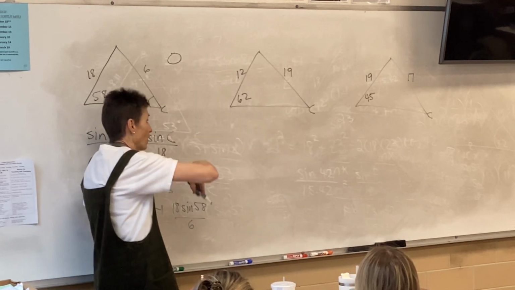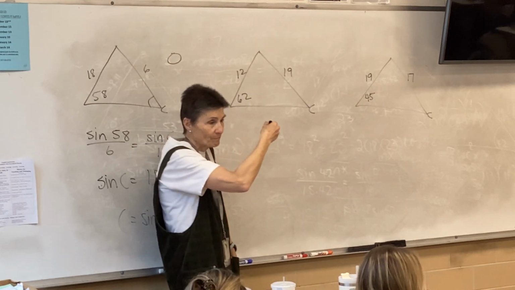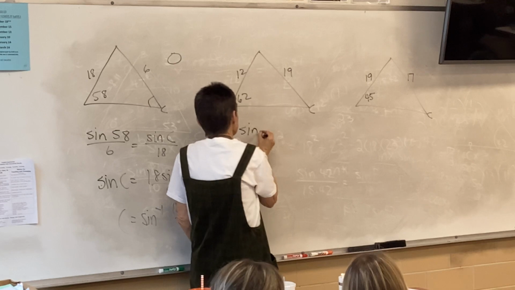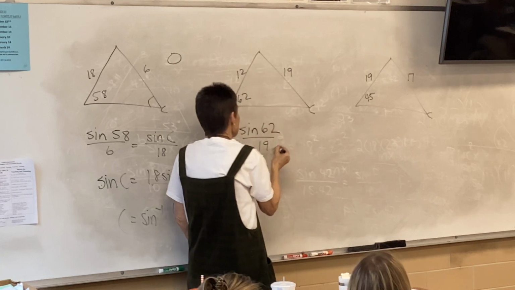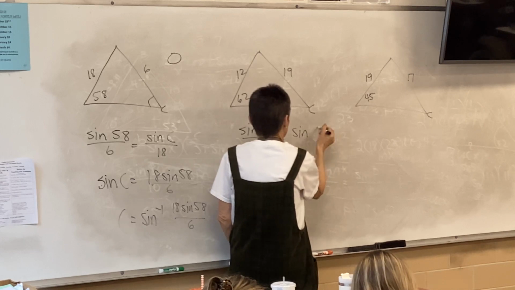No solution, move on. Now, isn't the setup for this one going to be exactly the same situation? Yes. So sine 62 over 19 equals sine C over 12.